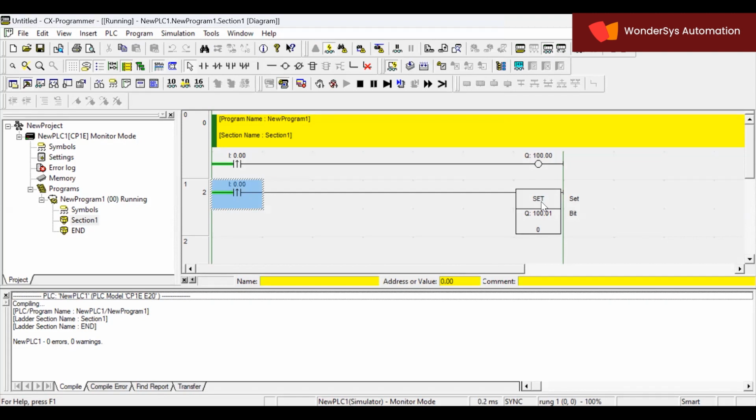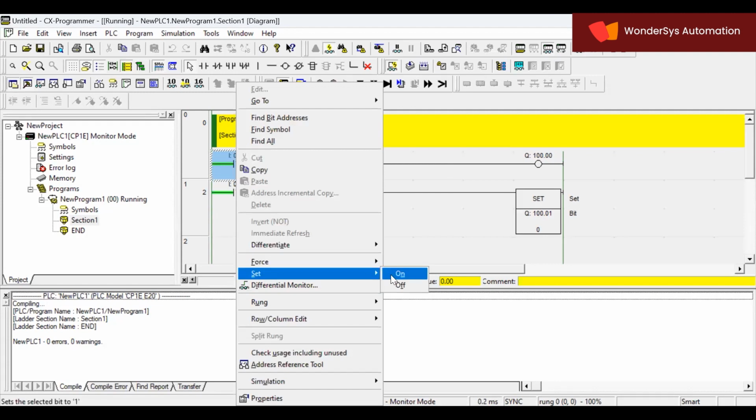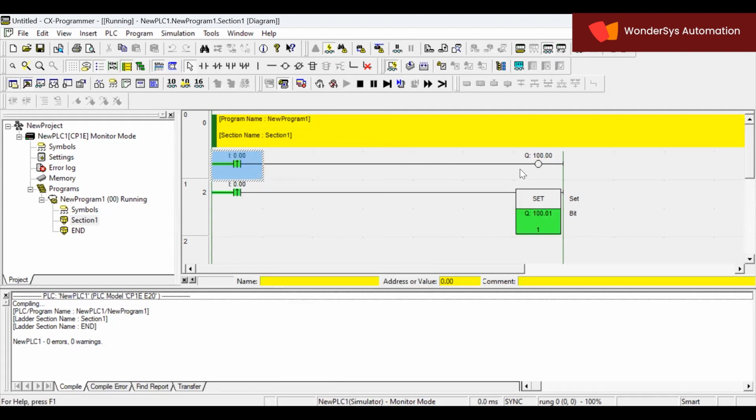It need not have a complete pulse or complete high state signal. Even for the small transition, the set will get high. So now I will operate this one. See, this output is not getting on, but the set bit is getting high. Understood?